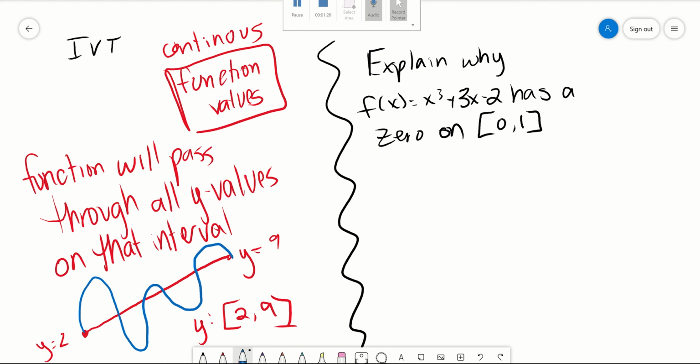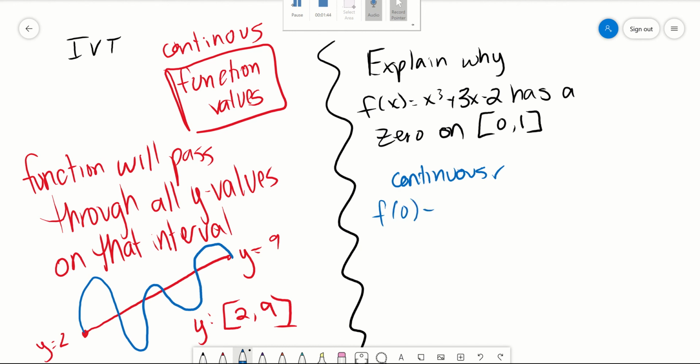So if we look at this example over here, it says explain why this function has a 0 on the interval from 0 to 1. Well, first thing, it's a polynomial. So that means, is it continuous? Yes. Polynomials are continuous. So if we want to show that it has a 0, that means it needs to change from positive to negative. So what we can do is plug those values in.